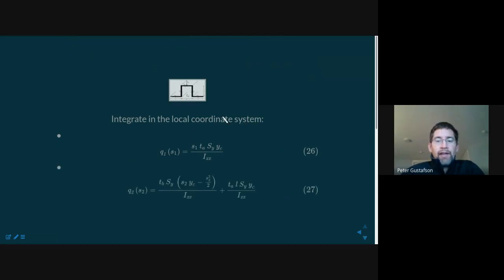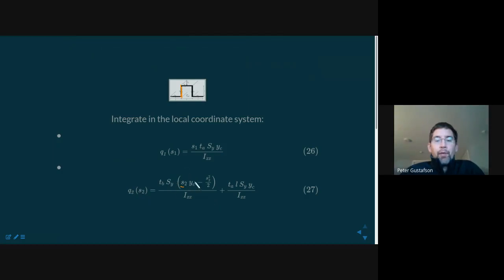We can conduct the next integral. Of course, from here to here, we saw the value of y was now a function of s, and it was a linear function. So what ends up happening is we get a linear term and a quadratic term that falls out of it.